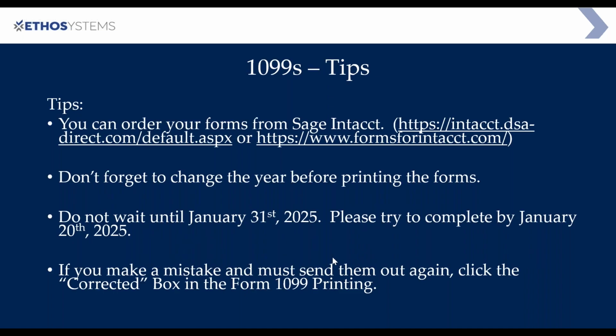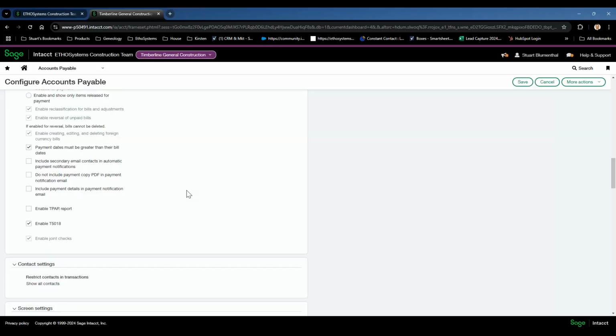Couple other things to point out in this whole process. If you are in Canada, let me bring up the right screen here, sorry. There is an option for you to enable the T5018 form. Again, that is in your accounts payable setup option.